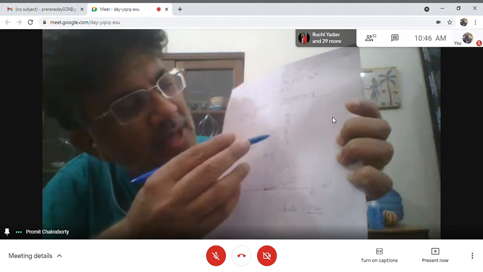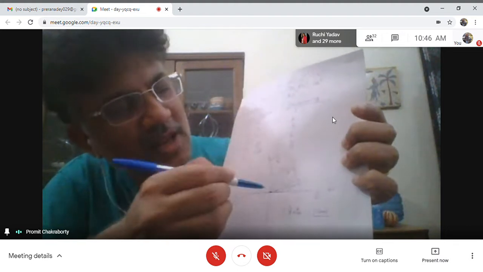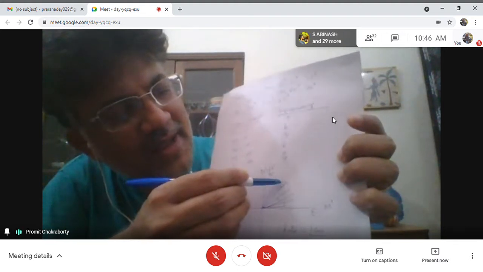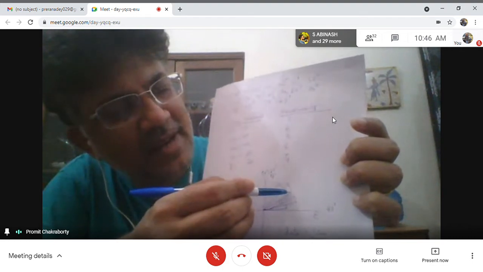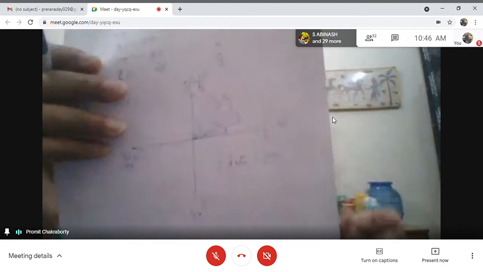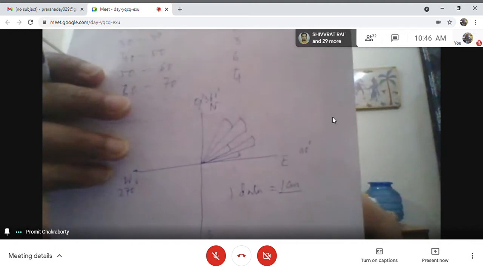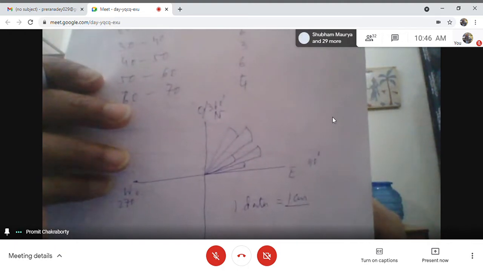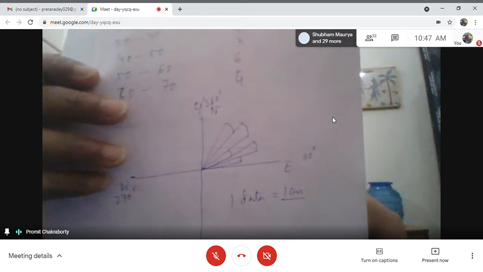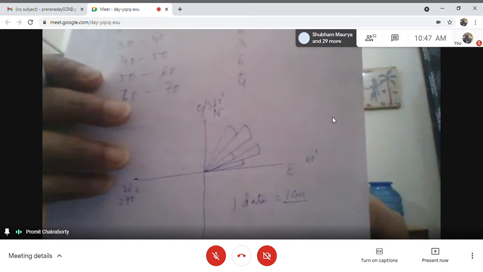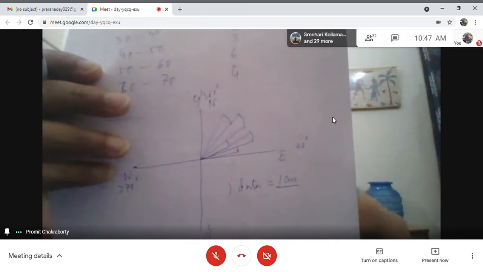Then the next is 6 data. So I increase the line up to 6 centimeter and then join it. So these are like the petals of a rose. We actually plot this data like this.